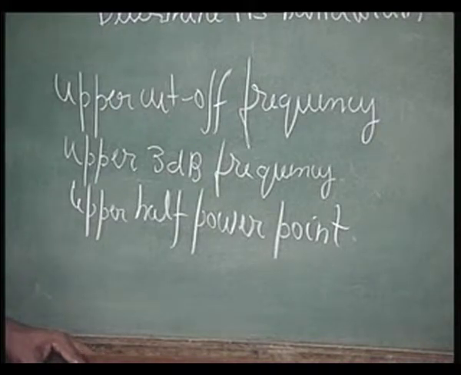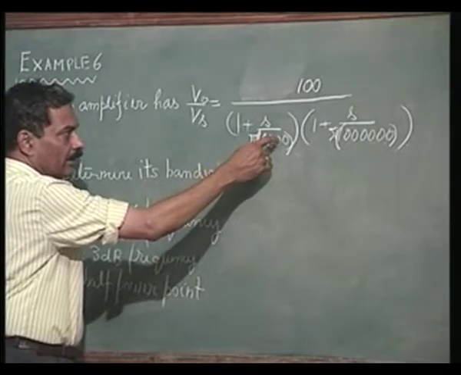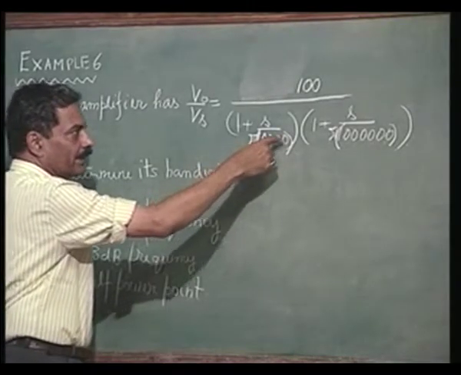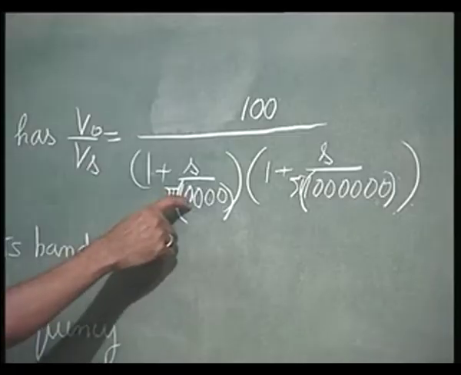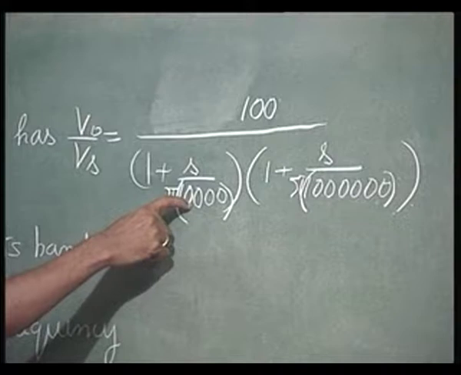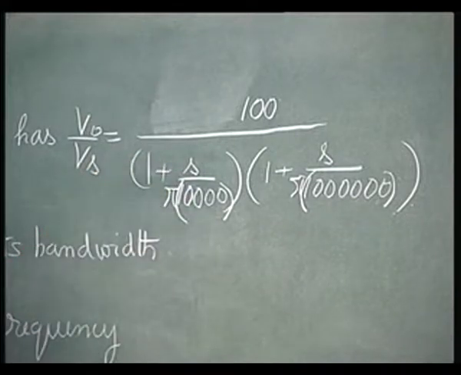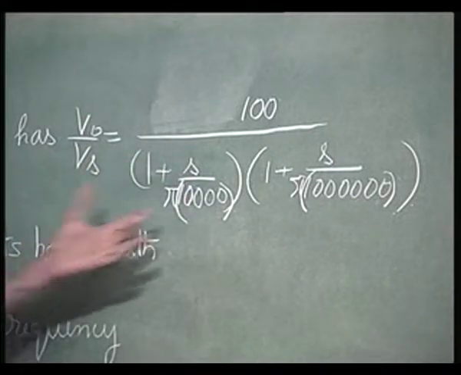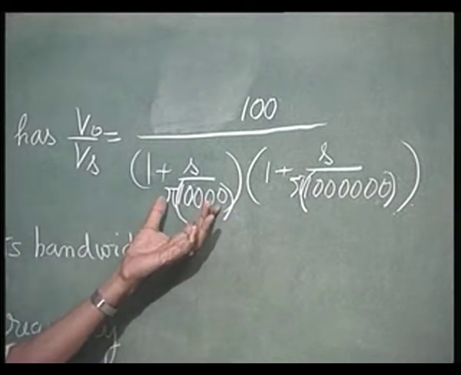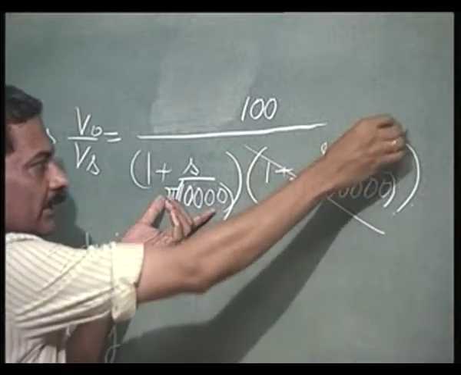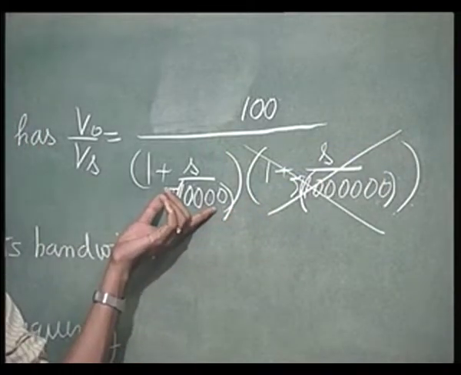Now, in a situation where this particular frequency is dominant compared to this, its influence is far away. This is the first frequency which comes into picture. So, this dominates the attenuation characteristic of the amplifier, and this becomes of no significance.